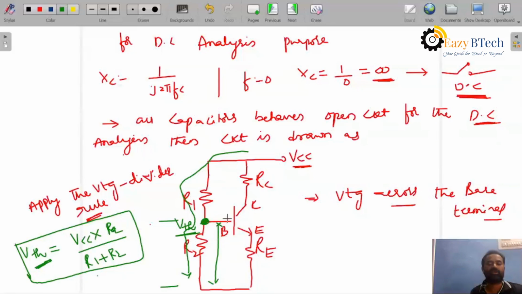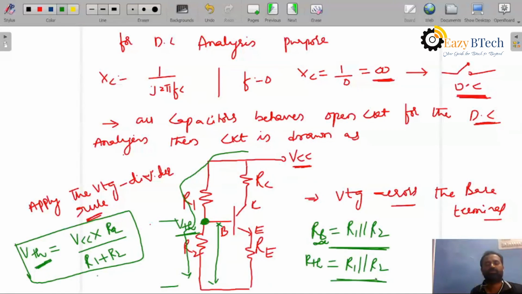That is the voltage across the base terminal. And the biasing resistance RB, or R Thevenin, is equal to R1 parallel to R2. This VTh we may also call VB, no problem.